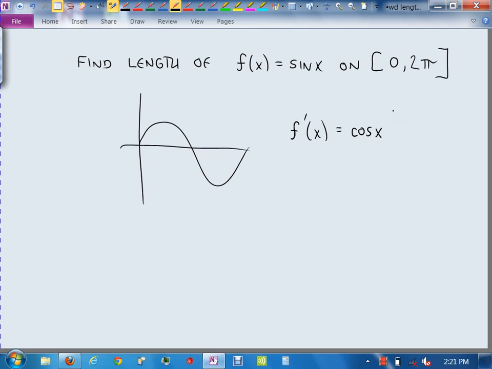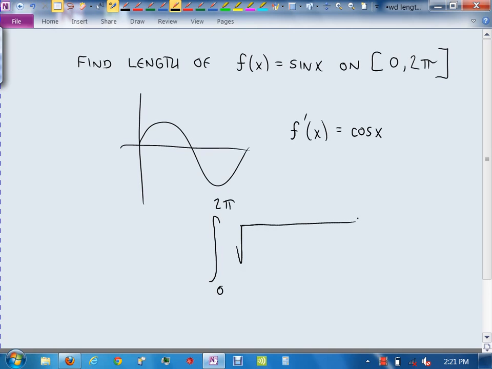So now we don't need it because we're back to traditional, original Cal 1 derivatives. So my integral is going to go from where to where? 0 to pi. Then the square root of 1 plus the derivative, which I just found, cosine squared x dx.